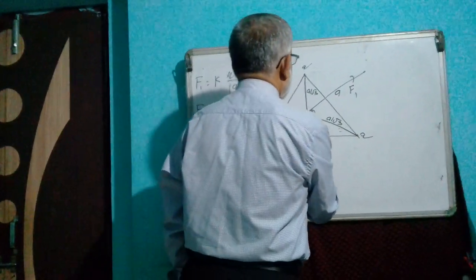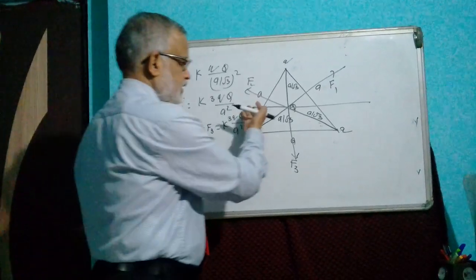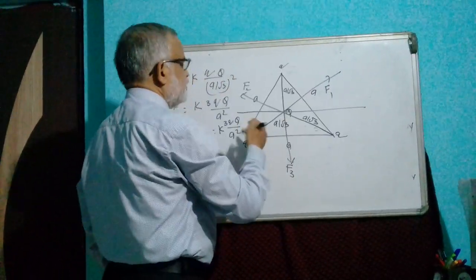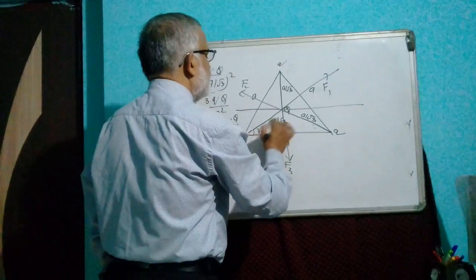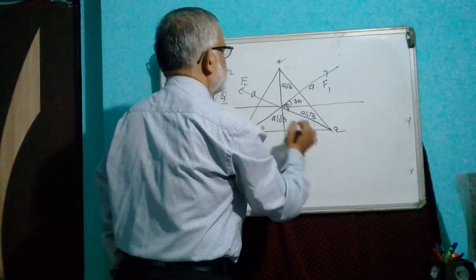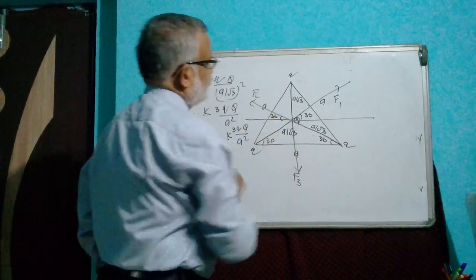We draw a line parallel to the base. It is the x-axis, and this is the y-axis. We have taken an equilateral triangle. This angle is 30, therefore this angle is also 30. This angle is 30, this angle is also 30.